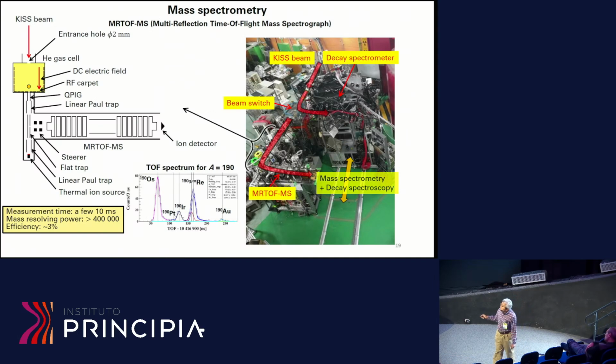So by measuring the time of flight over such a long distance, we can precisely measure the ion masses. The mass resolving power is larger than 400,000. This figure shows the TOF spectrum of the A equals 190 isobars, and we can clearly separate the isobars osmium-190, iridium-190 and platinum-190.